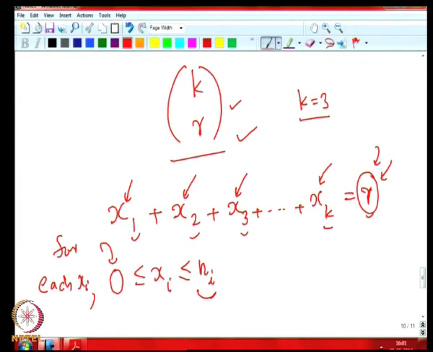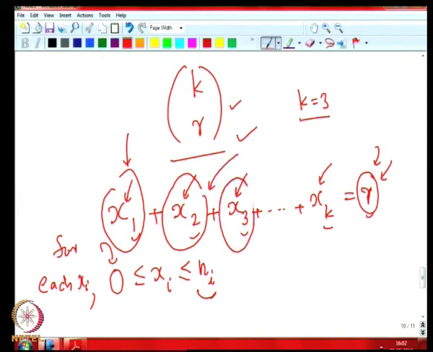You remember the bijection was that the value which x1 gets corresponds to the number of times the first type of object is selected to make the R combination, x2 corresponds to the number of times the second type of object is selected, and similarly xk corresponds to the number of times the kth type of object is selected.